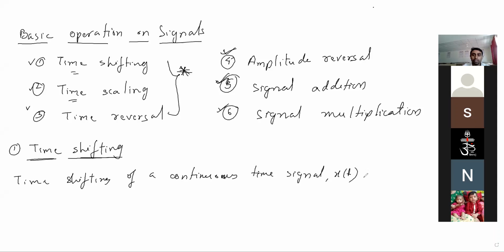Time shifting of a continuous time signal x(t) is represented by y(t) equal to x(t minus t naught). Like this. So a new term has come, and the modification is in that independent variable only, t minus t naught, where t naught is a constant or a scalar value.